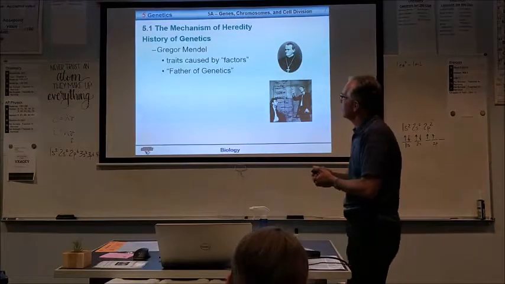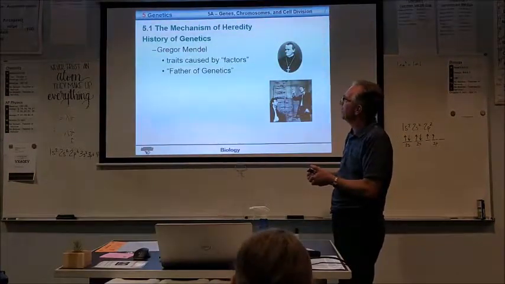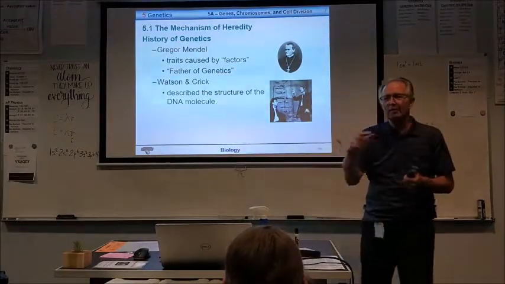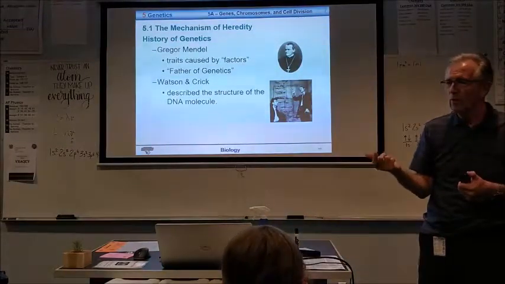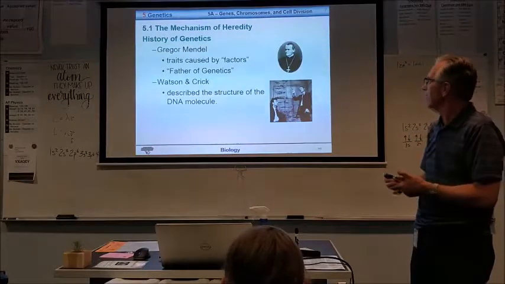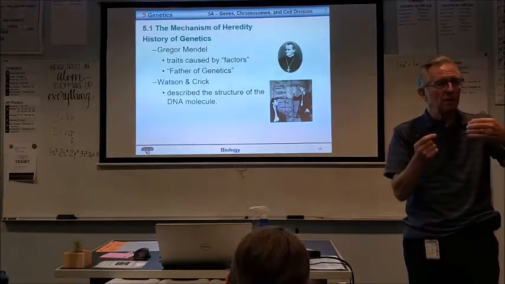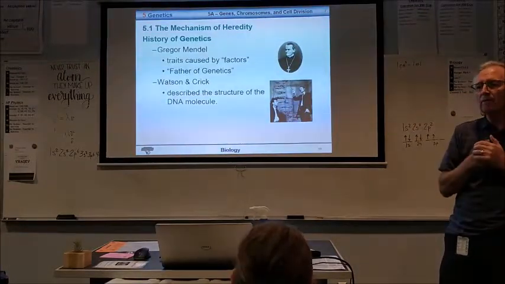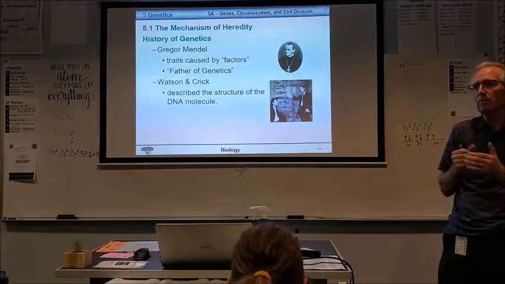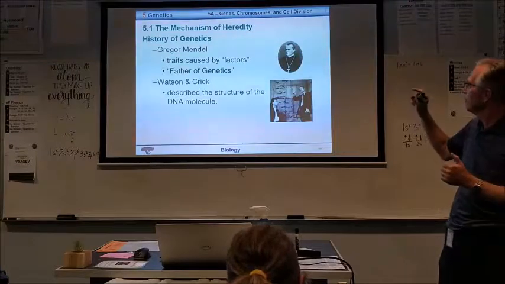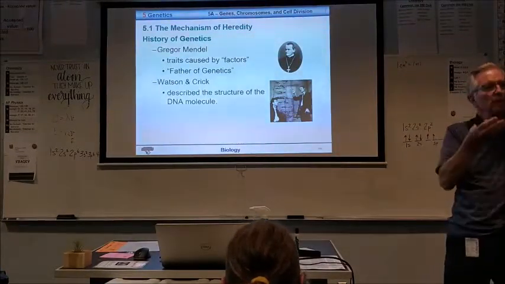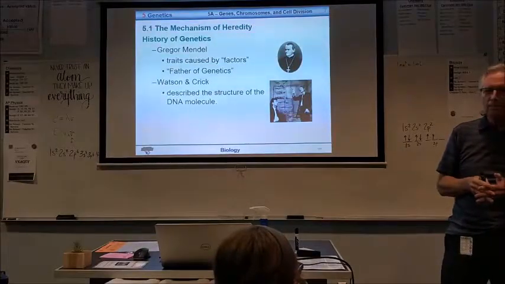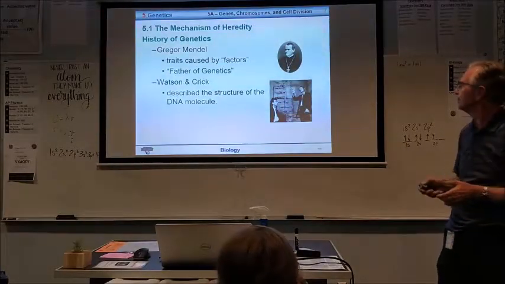Now, another big help in this topic of genetics were Watson and Crick. We've had their names brought up before when we talked about DNA, and they're the ones who actually figured out the molecular structure of DNA, which is actually a chromosome. So in this history of genetics, those are some major contributions toward that.